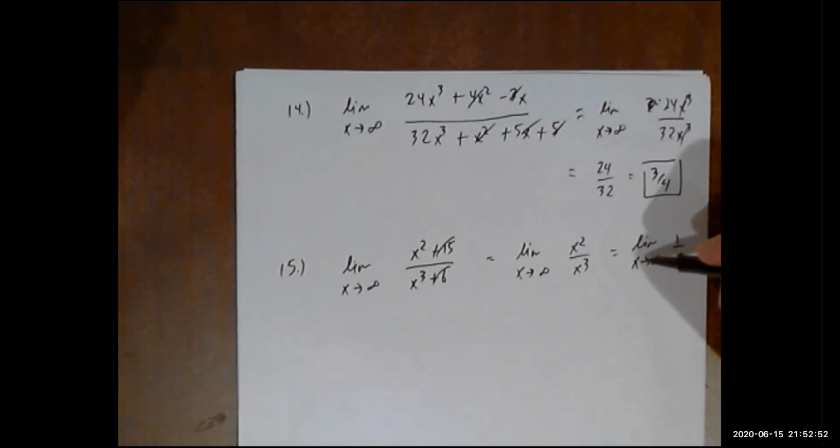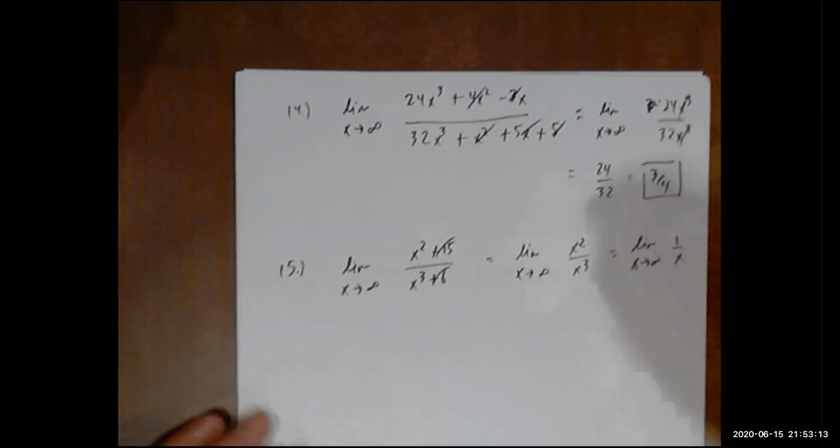Here's what you do. If you plug in infinity for x, you can think of infinity as a very, very large number, like 1 billion or 100 billion or some huge number. What does this approach? As x gets huge, what is 1 over a huge number?